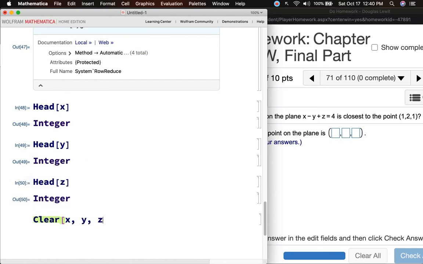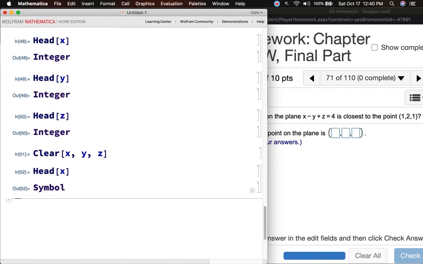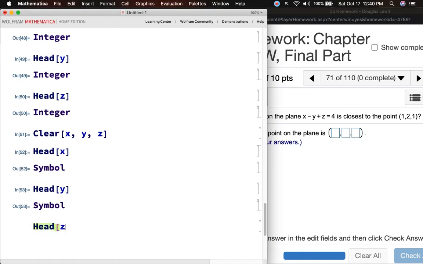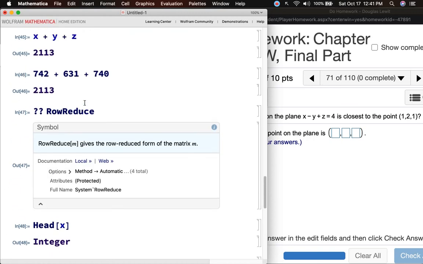Clear x, y, z. Now, what is x? X is a symbol. What is y? Y is a symbol. And what is z? Z is now a symbol. So if I'm going to use Mathematica as a symbolic calculator, that's fine, but I have to make sure that I'm really dealing with symbols. Here, x and y and z were assigned integer values.